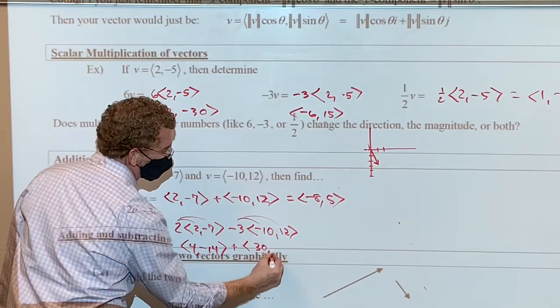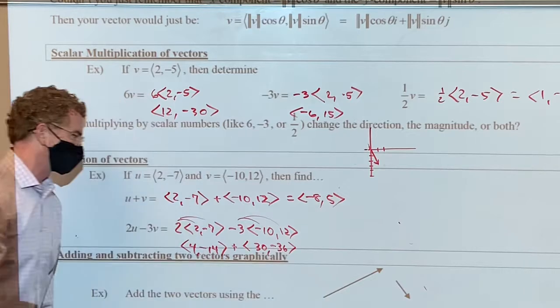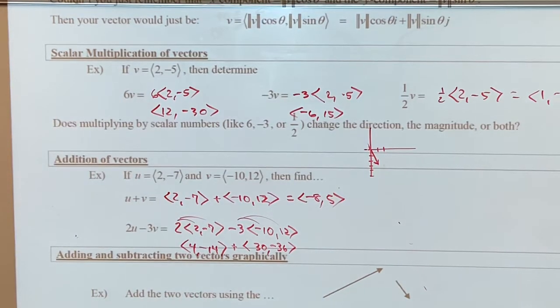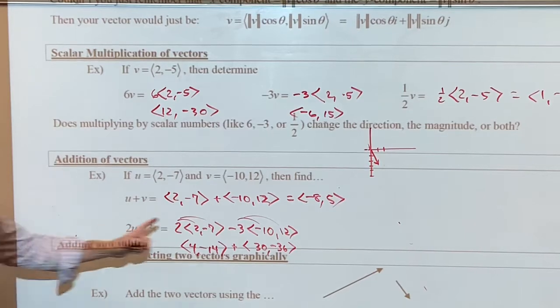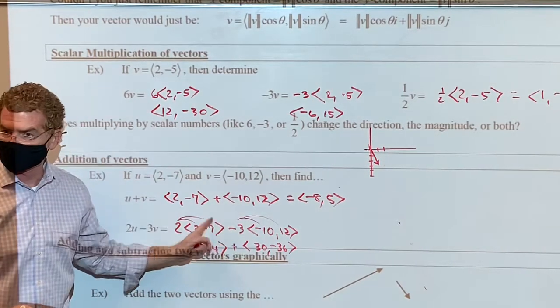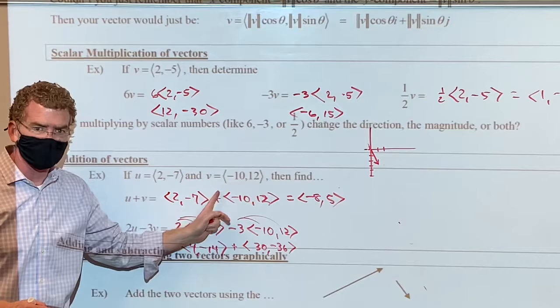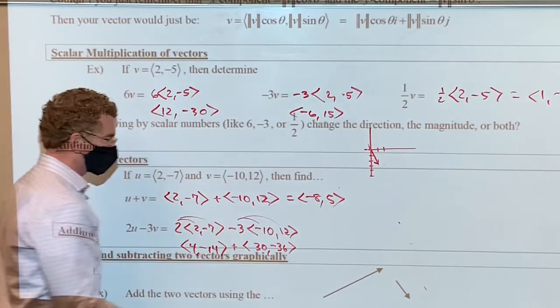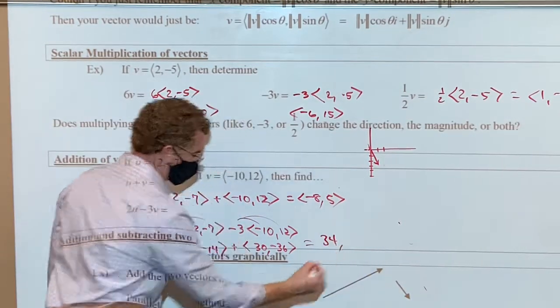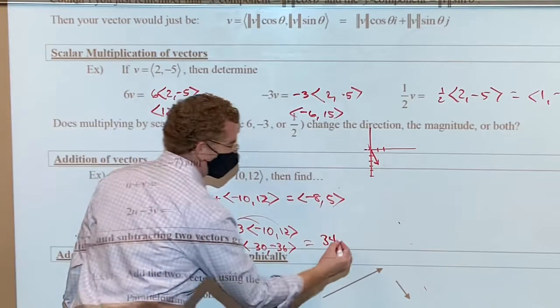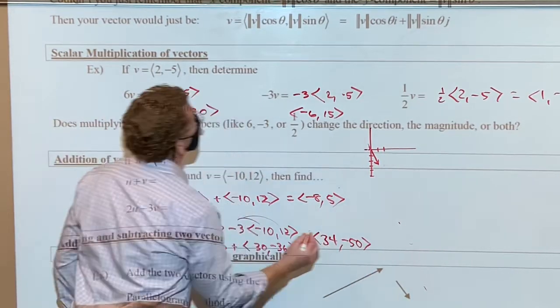And then 30, negative 36. And then what? Subtract or add. If you only bring a 3 in, then you can leave the negative. If you bring the negative 3 in, change it to a positive. So in this case, 34 comma negative 50, if I've done my math right.